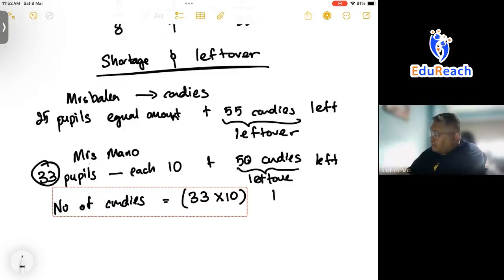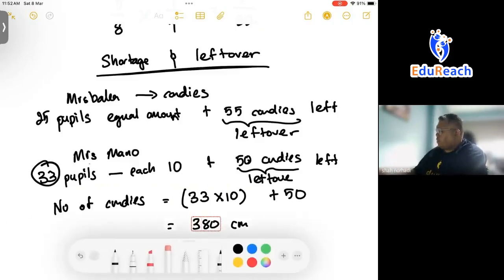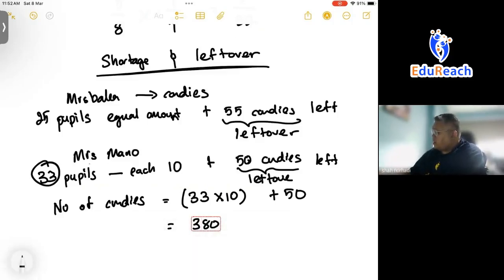So we got 50, so plus 50. So what's the answer here? 380 candies. So we know that one packet of candy has 380 candies.